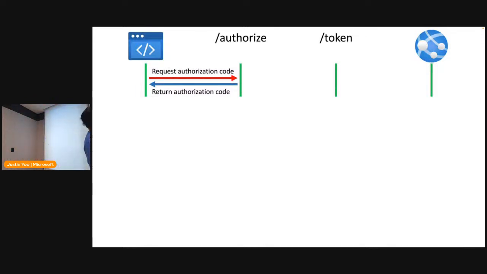The left-hand side is your API. The right-hand side is the external API you want to use. In between, there is an identity server, like Azure Active Directory or AWS IAM or something like that. My API sends a request to the identity server to get the authorization code.